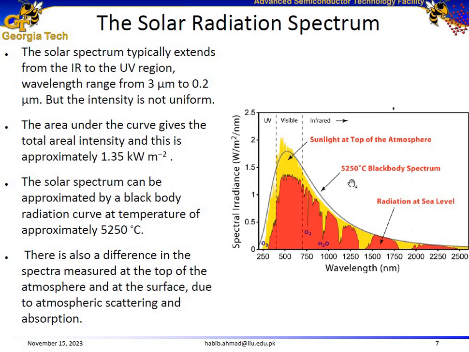Black body radiation means, assume, for example, tungsten. If you heat tungsten up to 5250 degrees C, it's going to result in radiation in this wavelength range, from 200 nanometers to approximately 3000 nanometers.